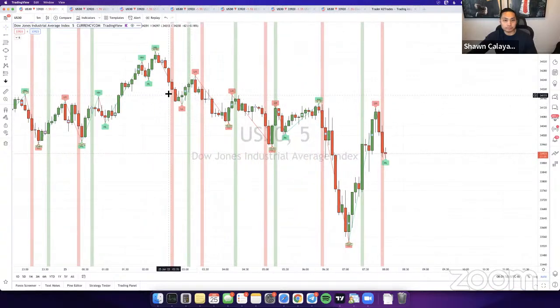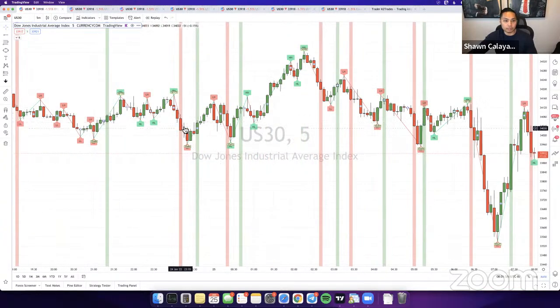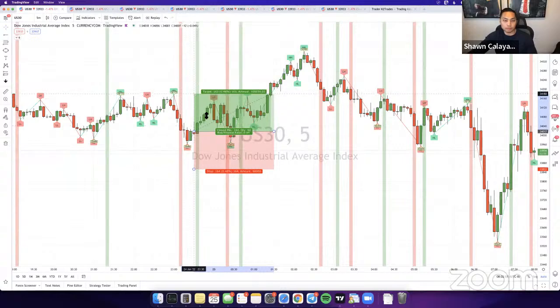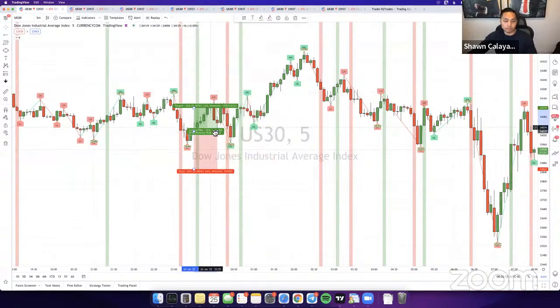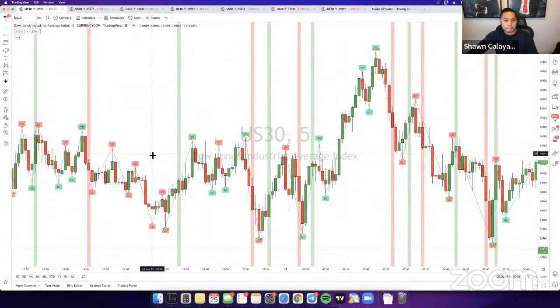So let me see if I can find another one here. Again, right here, red candle for a low, followed by a green candle. Another full TP right there, if you're going for about 500 to 1,000 pips right there.